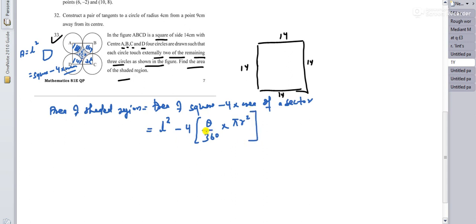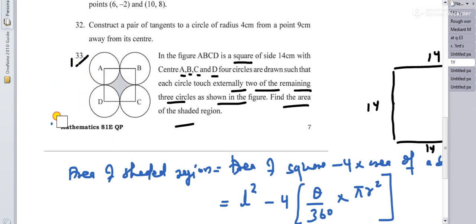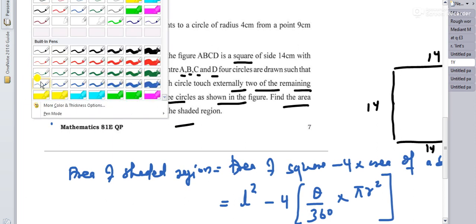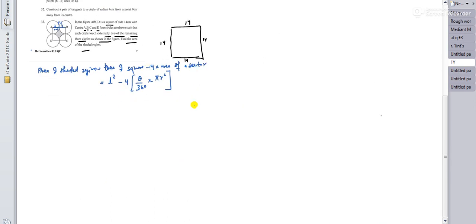Got it? Now what about radius? Have they given radius? Yes, indirectly it is given. See, if you look at the figure carefully, this total A to B distance is how much? It is 14, correct? Now since it is equally divided, from here to here it is 7, and again 7. So radius is indirectly given as 7.